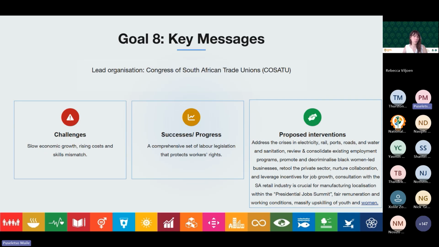Consultation with the South African retail industry is crucial for manufacturing localization within the Presidential Job Summit, fair remuneration, and working conditions, amongst others.